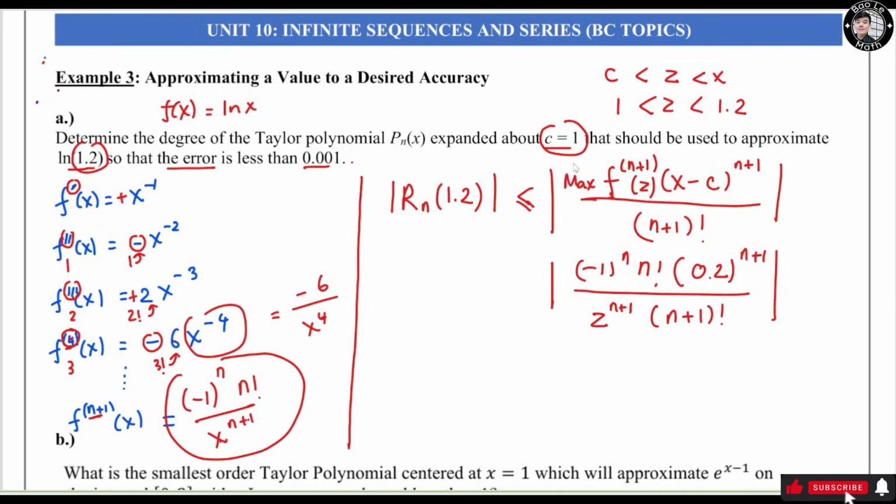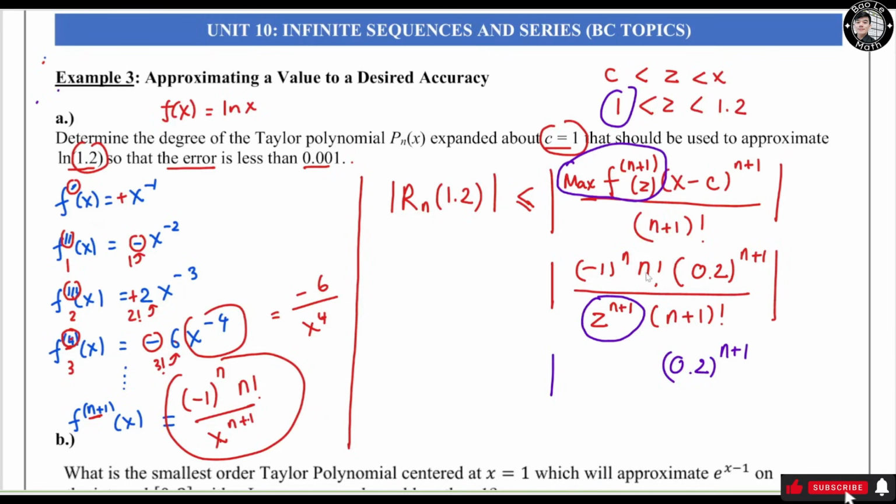Now we need this to be maximum. If this is maximum, the denominator must be minimum, so it should be 1. So we have the absolute value of negative 1 to the n. When you take the absolute value, it doesn't matter whether positive or negative, it should be positive. So you end up with 0.2 to the n plus 1.